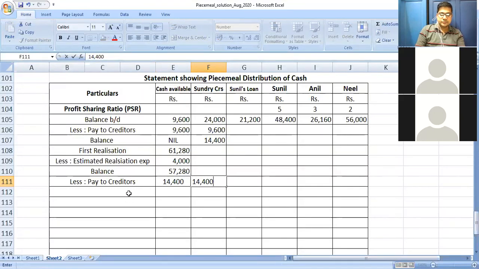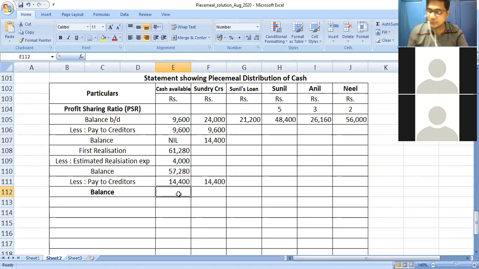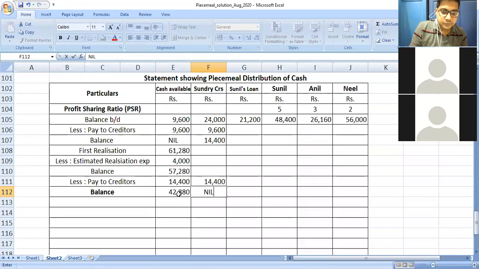Now the balance from the cash available was 57,280 minus 14,400, remaining value 42,880, and this value becomes nil.